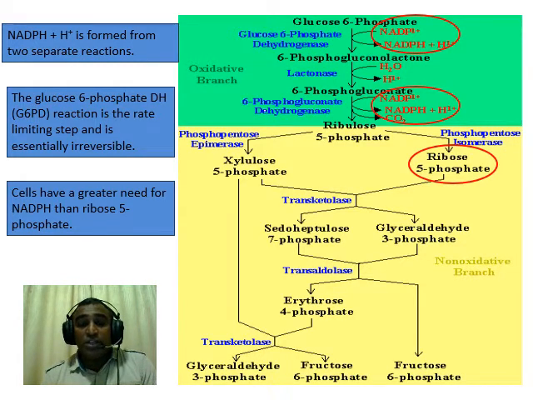The non-oxidative phase will generate ribose 5-phosphate as the most important intermediate compared to the other intermediates, such as the 3-carbon glyceraldehyde 3-phosphate, the 6-carbon fructose 6-phosphate, the 4-carbon erythrose 4-phosphate, the 7-carbon sedoheptulose phosphate, and then you also have the 5-carbon xylulose 5-phosphate.